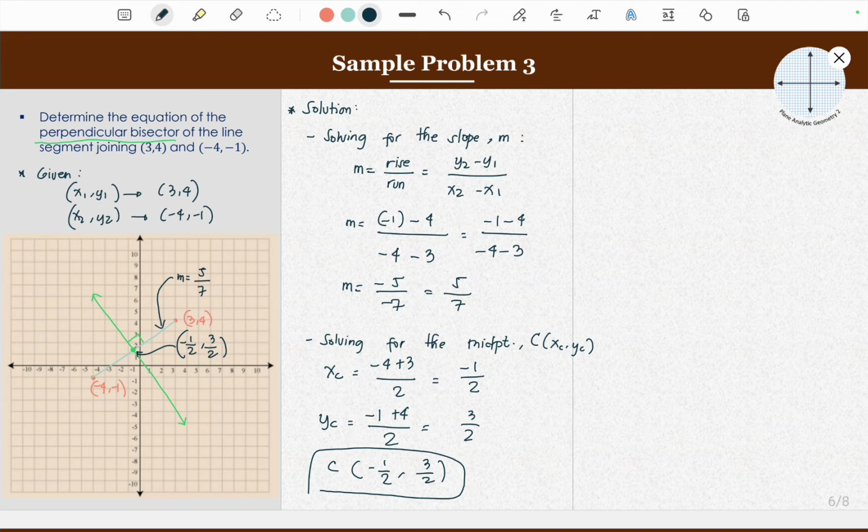So the technique is that the slope of the perpendicular line is just the inverse of this, but the sign is negative. So the negative inverse. So therefore, this is negative 7 over 5. So this is the slope of the perpendicular bisector.